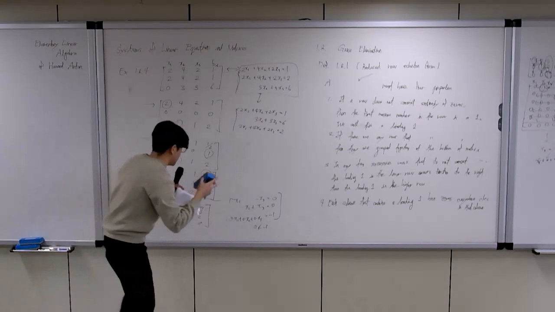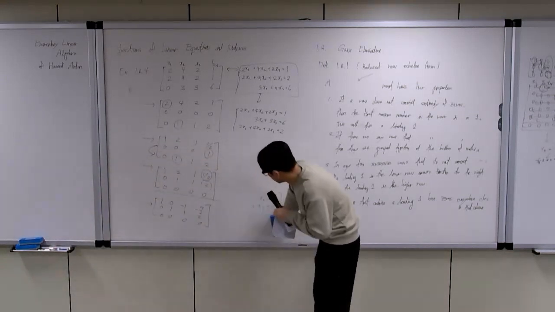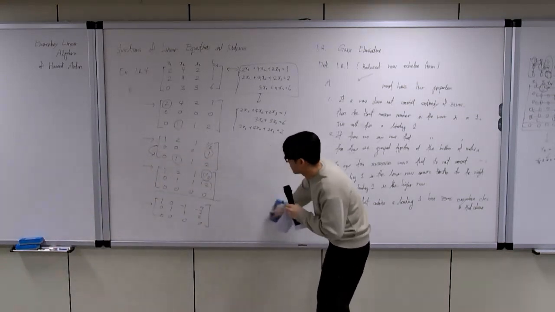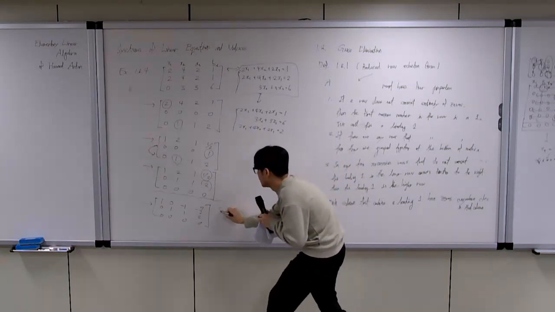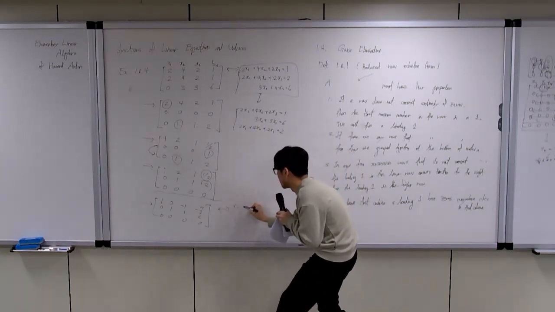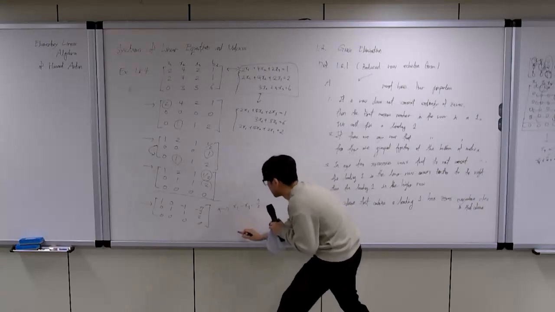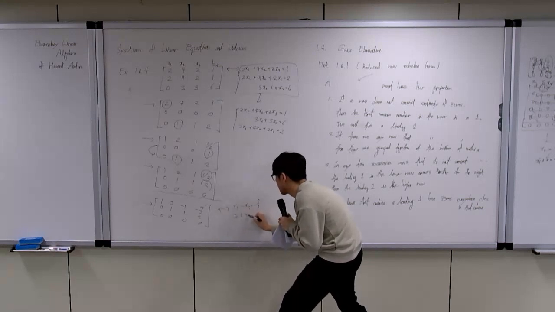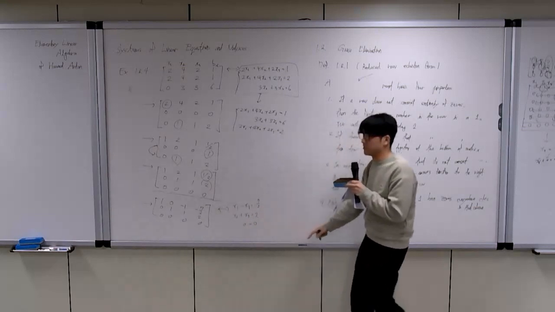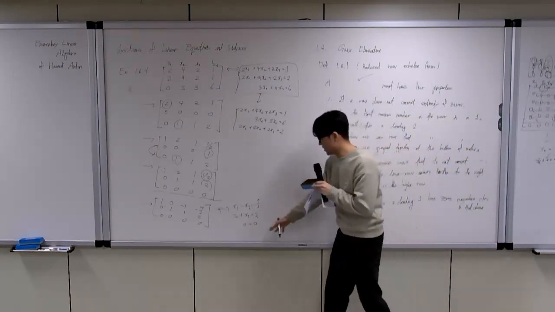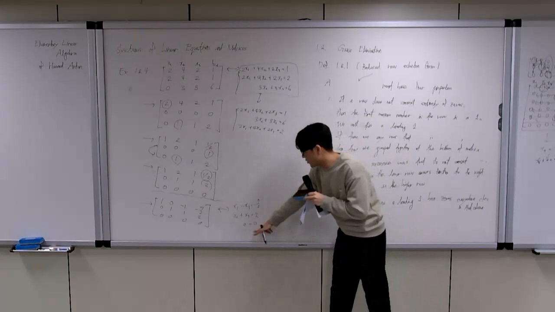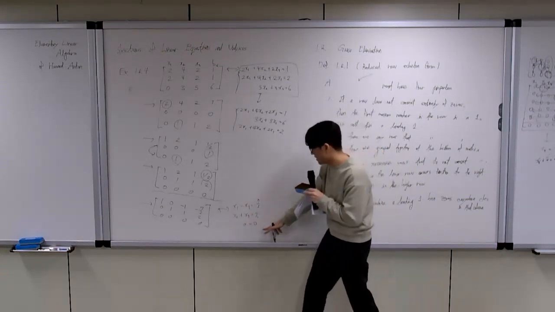And if we correspond to the linear system, then we get x1 minus x3 equal minus 7 over 2, x2 plus x3 equal 2, and the last equation does not have any special meaning. It is just a correct statement.